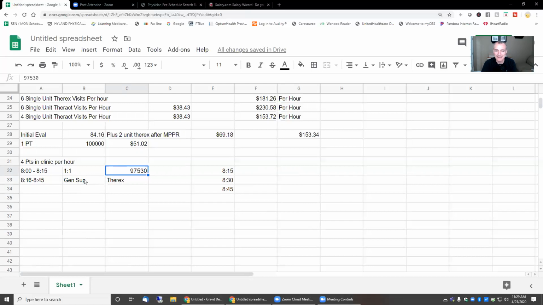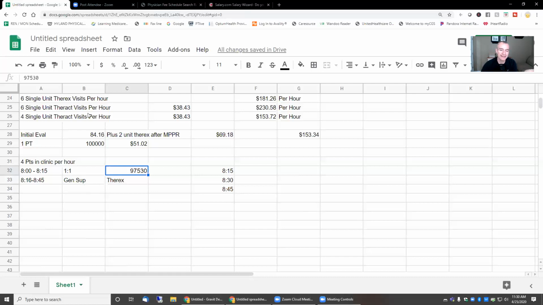But nonetheless, I think as a PT, if I have a 15-minute block of time, I can do a 15-minute treatment with documentation, especially after I have evaluated that patient.